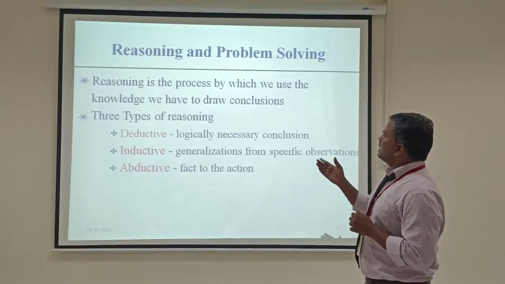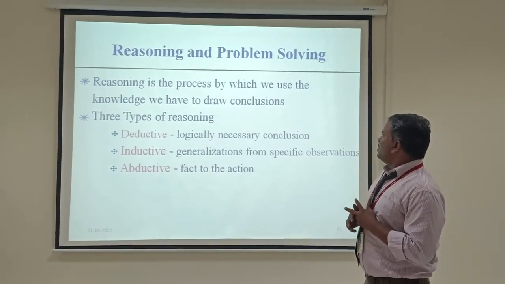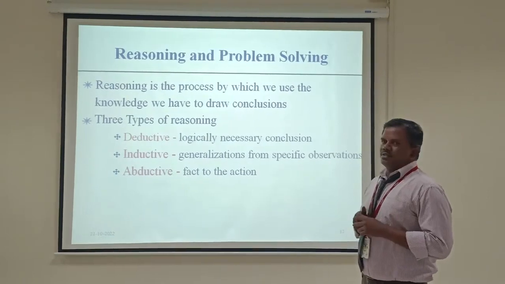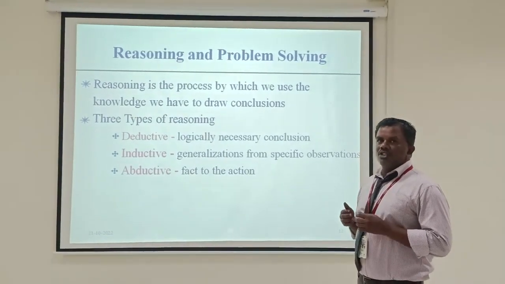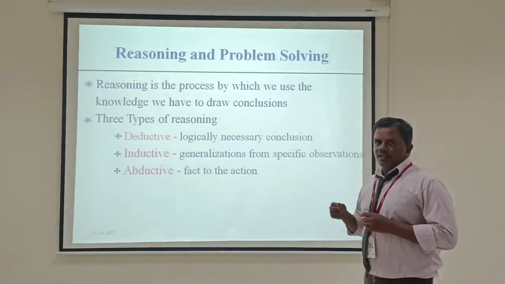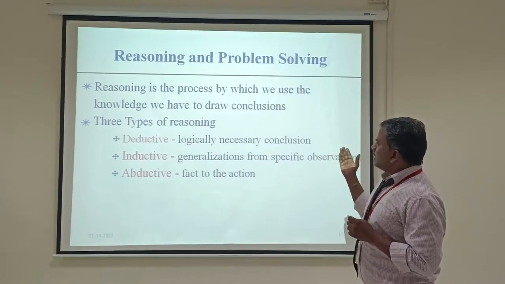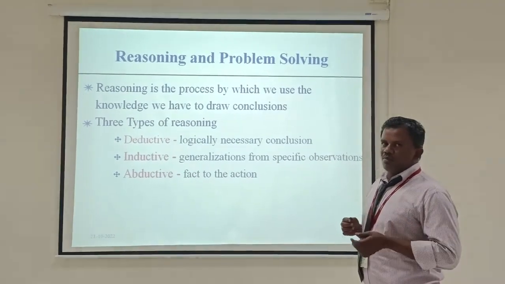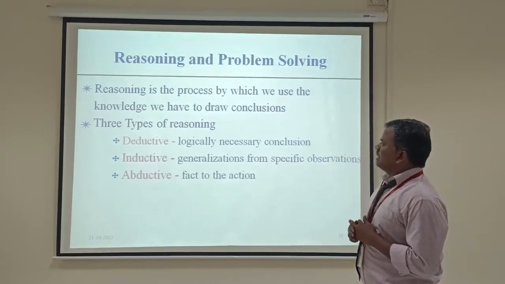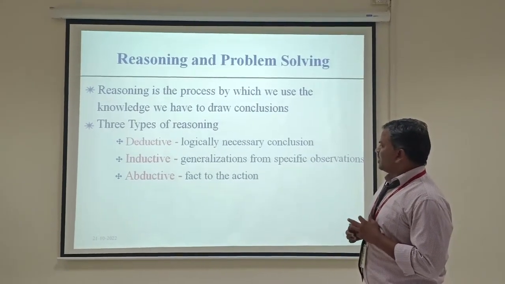The next one, reasoning and problem solving. Reasoning is the process by which we use the knowledge we have to draw conclusions. That is reasoning. There are three types of reasoning: deductive, inductive, and abductive.